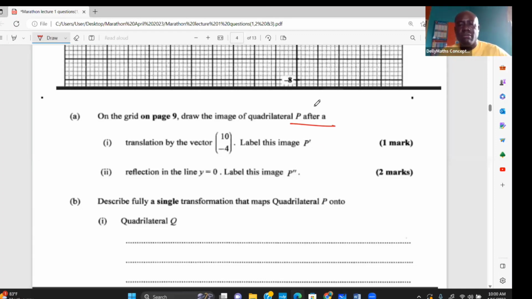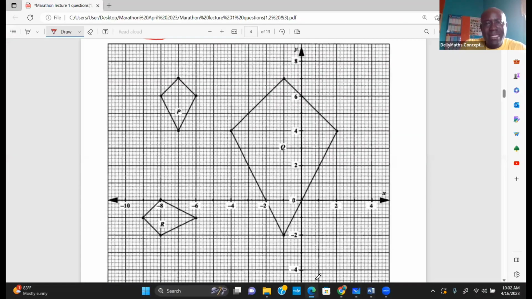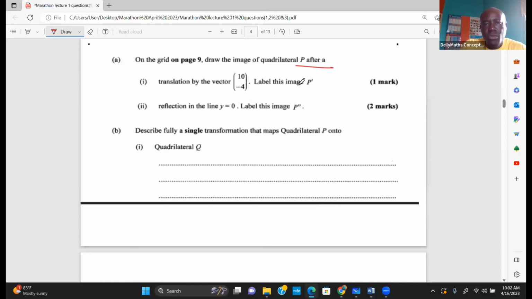You're going to do this now. Allow me to write what they said. Translate by the vector (10, -4), and we're going to call that P prime.